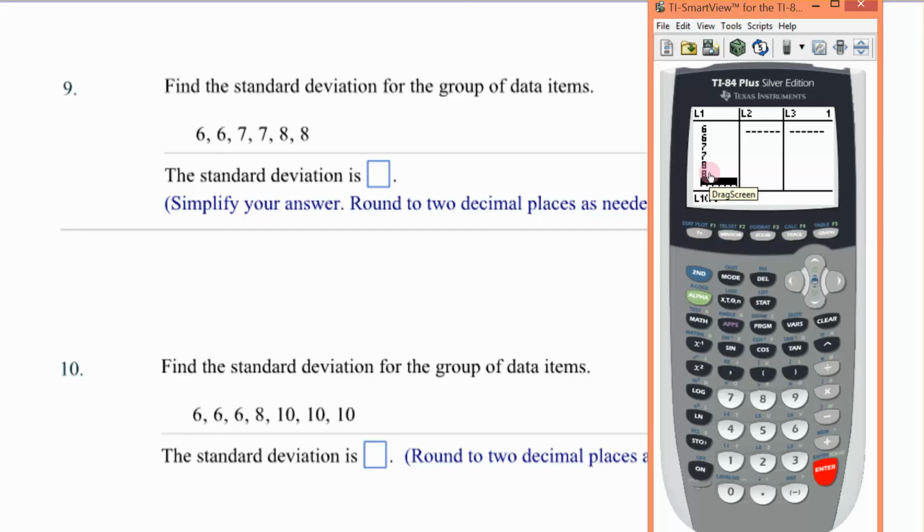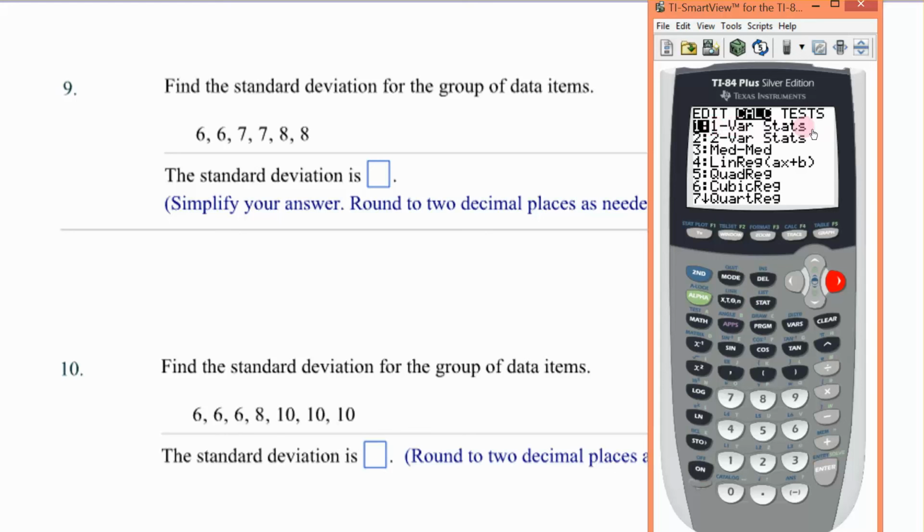I want to get the standard deviation. Now, if I did it the long way, I would have to calculate the mean, get the deviations from the mean, square those numbers, add them up, divide by n minus 1, and then take the square root. But now, all I have to do is hit Stat again, go right to Calc.